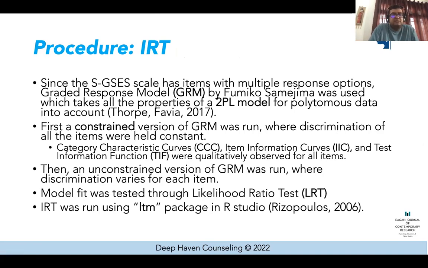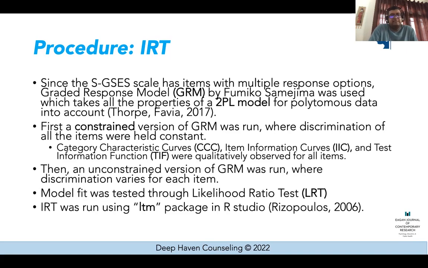And then, since the Sinhala generalized self-efficacy scale has items with multiple response options, the graded response model by Fumiko Samejima was used, which takes all the properties of a 2PL model for polytomous data into account. So there, first we ran a constrained version of the graded response model, where discrimination of all items was held constant.